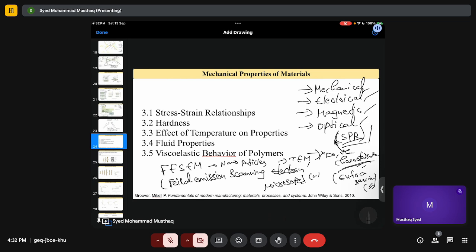That is the importance of SPR: when you do UV-Vis, it tells you whether you have nanoparticles or not. There is a hump forming. I will explain this when we do the optical properties.